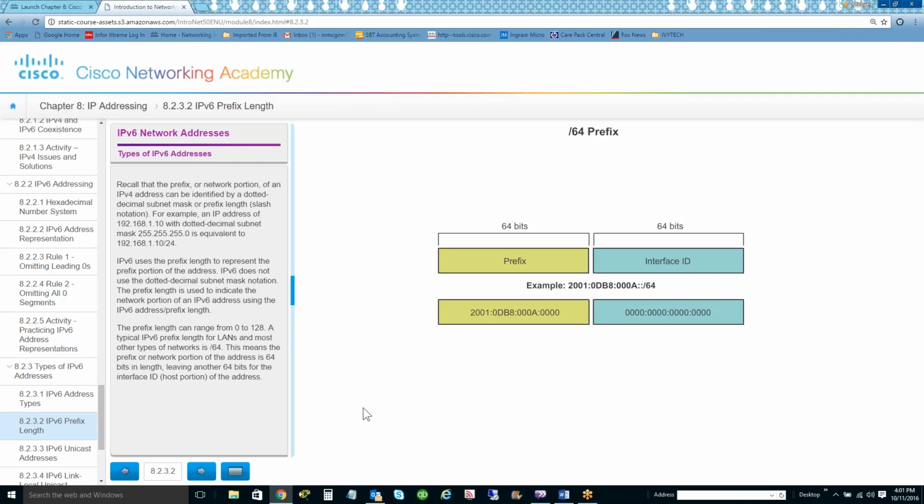The default prefix or the default mask of an IPv6 address is /64, which basically takes the address and splits it right down the middle. So as you can imagine, with a /64, you can have a whole lot of networks and a whole lot of hosts. So lots of room for anything you can conceivably want to do.